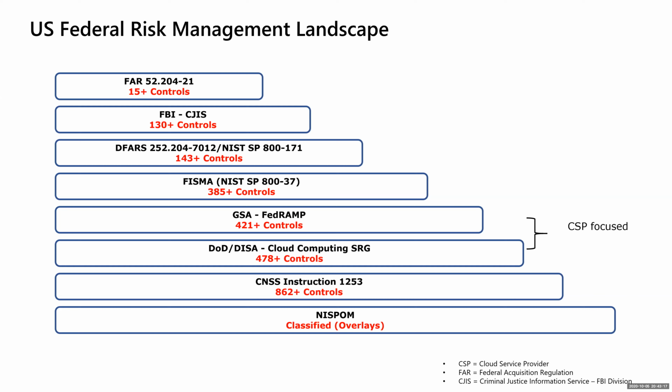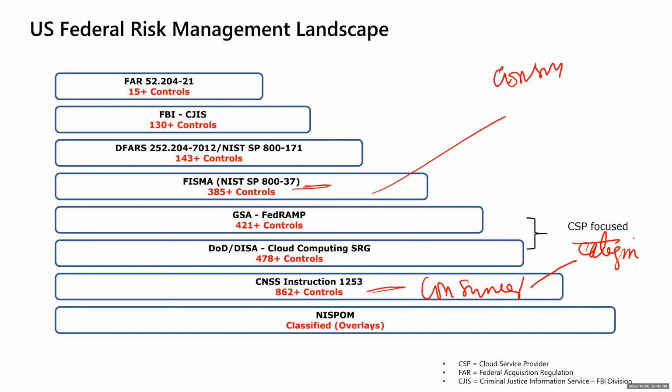CNSSI, similar to how we have NIST here, focuses entirely on the national security side. CNSSI, the Committee on National Security Systems Instruction 1253, provides a guideline on how to decide the categorization and sensitivity of all national security systems.